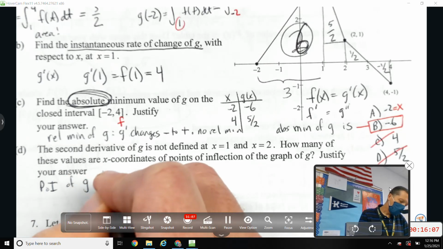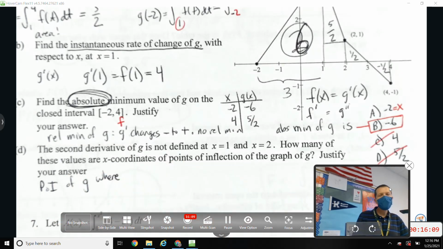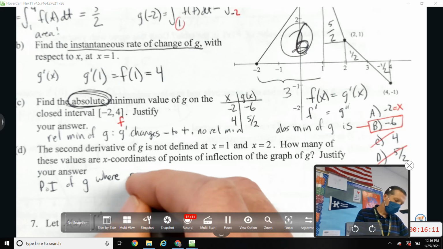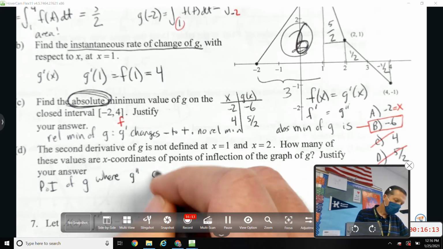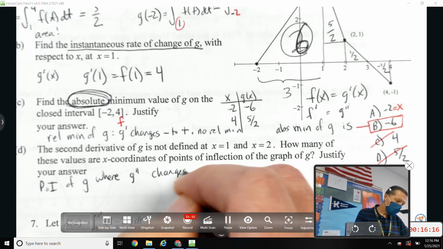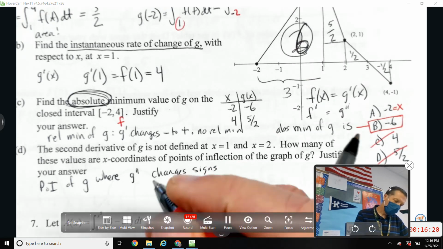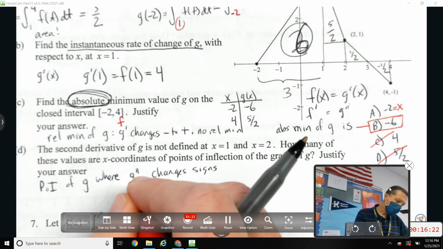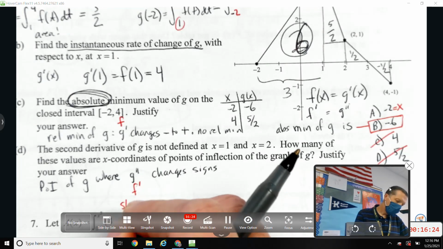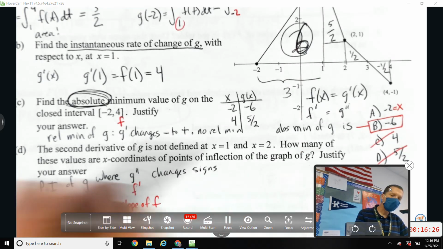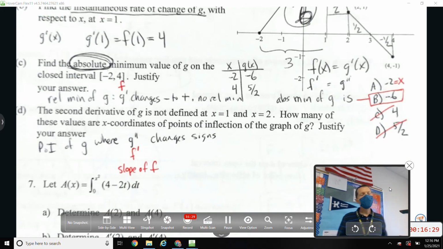So points of inflection of g happen where g double prime changes signs. And g double prime is the same thing as f prime, which is the same thing as the slope of f. I don't have to write all that down.